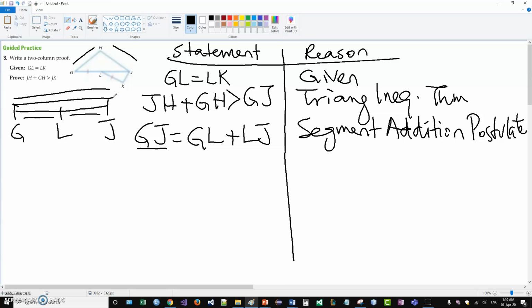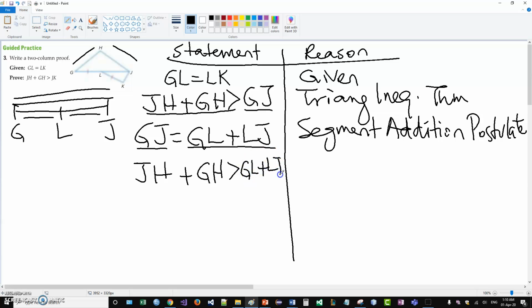Now, JH plus GH is greater than GJ, and we already said that GJ equals GL plus LJ, so we can write here GL plus LJ, and we're using the substitution here.